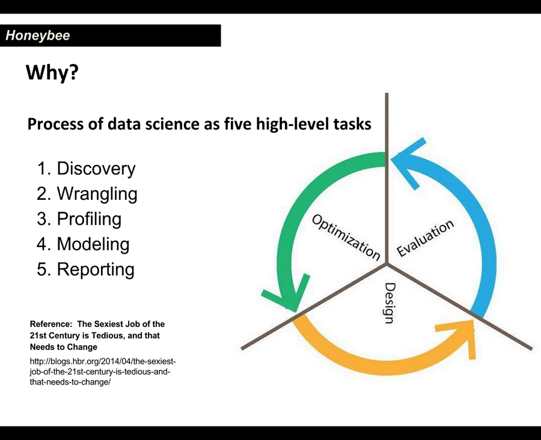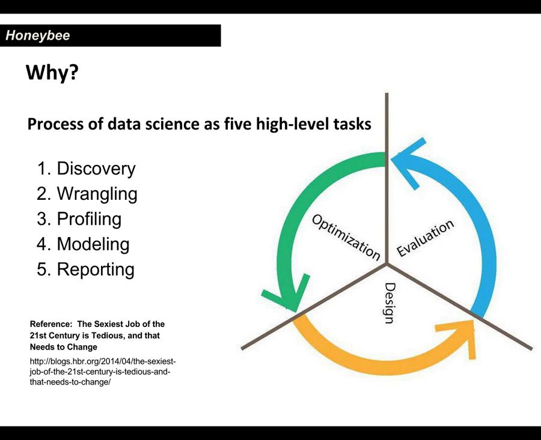I was reading an article in Harvard Business Review about how the sexiest job of the 21st century is tedious. He's not talking about architecture definitely, he's talking about data scientists. He talks about the process of data science in five high-level steps: discovery, wrangling, profiling, modeling, and reporting.